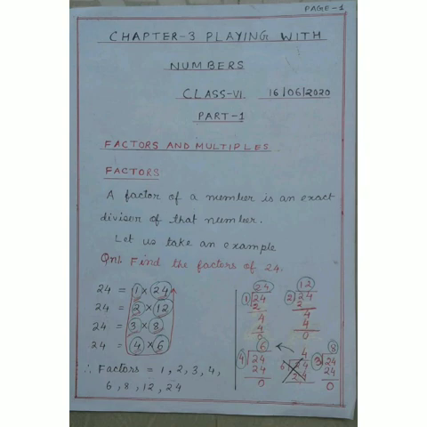But the next number, that is 5, I cannot divide 24 by 5 because there will be a remainder. So the next number I shall check is 6. If I divide 24 by 6, I get 4. But we have got this pair earlier also.